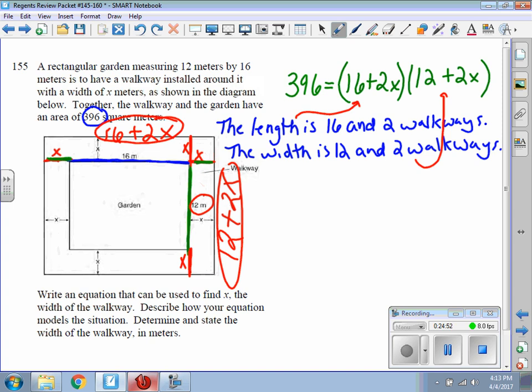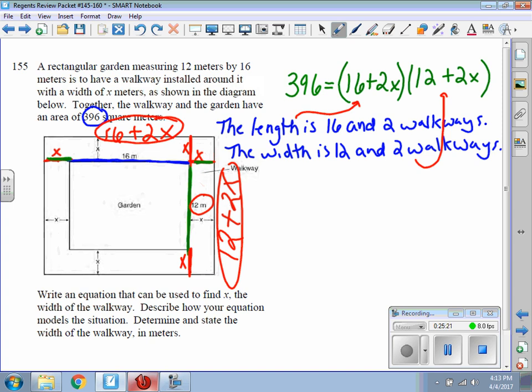Determine and state the width of the walkway in meters. Notice how it did not say algebraically. If it doesn't say algebraically, yes, you can use your calculator to graph and find the zeros. The only work that we would need to do is get rid of the 396, move it to the other side so that it says 0, and then we can go ahead and graph it in the calculator.